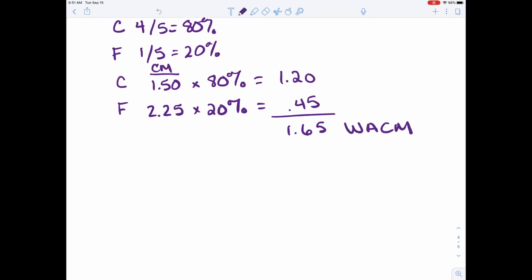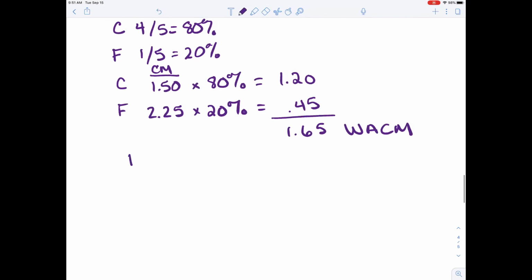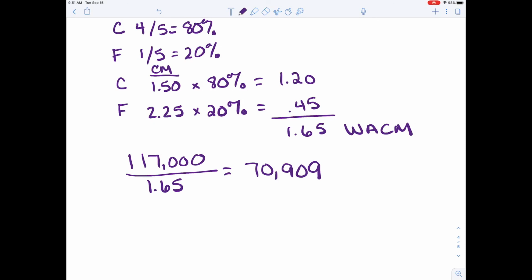I take that weighted average contribution margin, I bring back in those fixed costs that I need to cover, divide by that weighted average contribution margin, and that will give me approximately 70,909. Then I'm just going to again break that back up between chicken and fish.